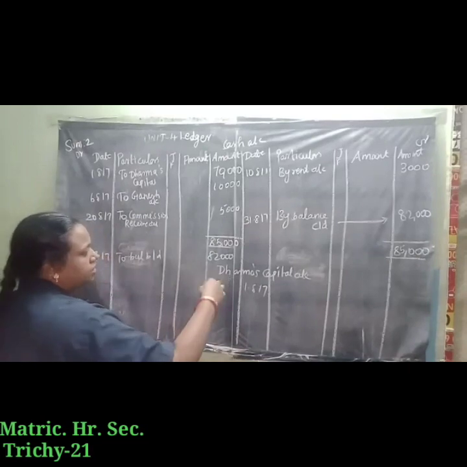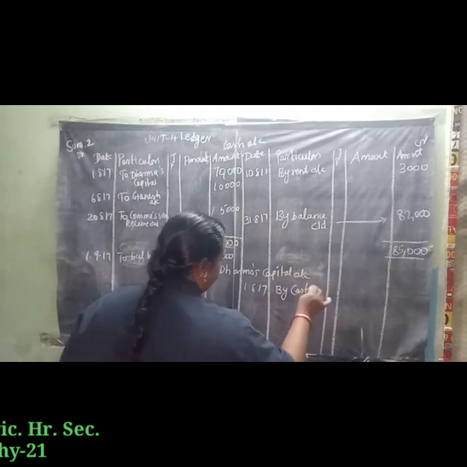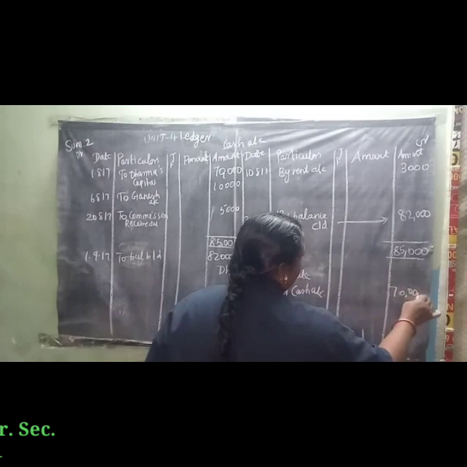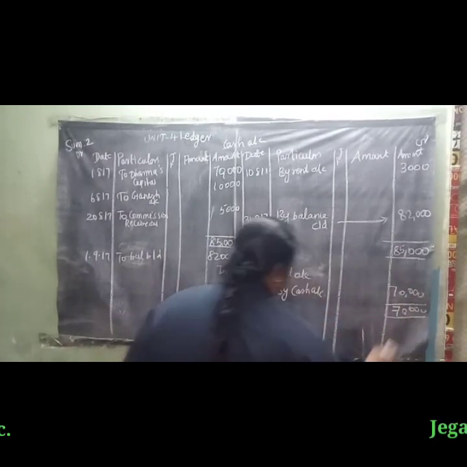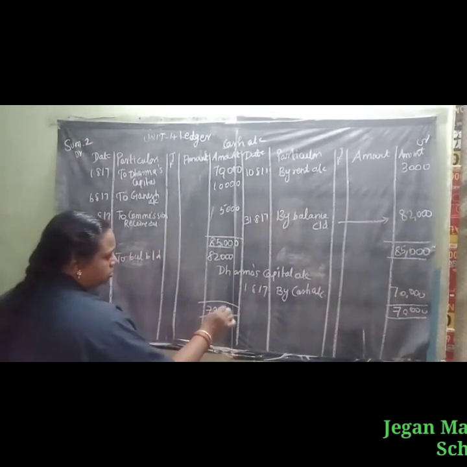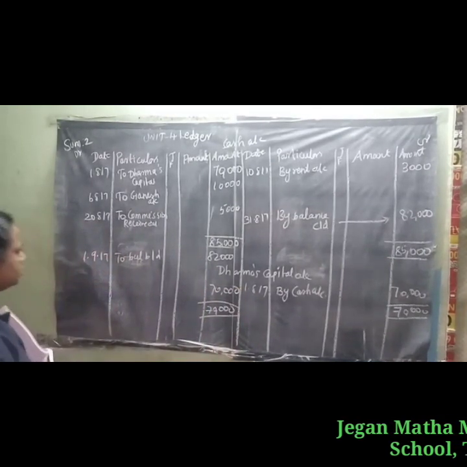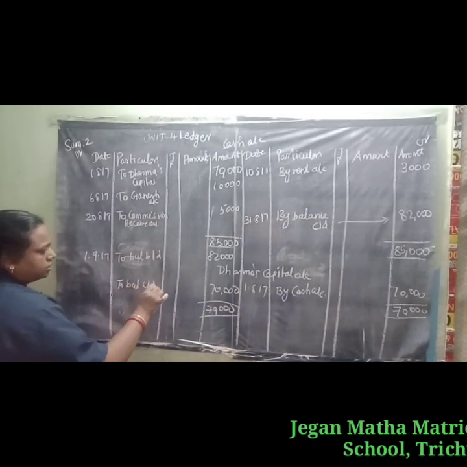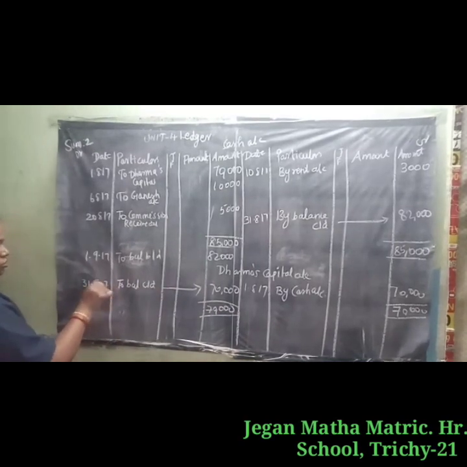Dharma's capital is on the credit side, by cash account 70,000. We close the account, with only one Dharma entry. Bring 70,000 to the debit side, to balance carry down, 31st August 2017.